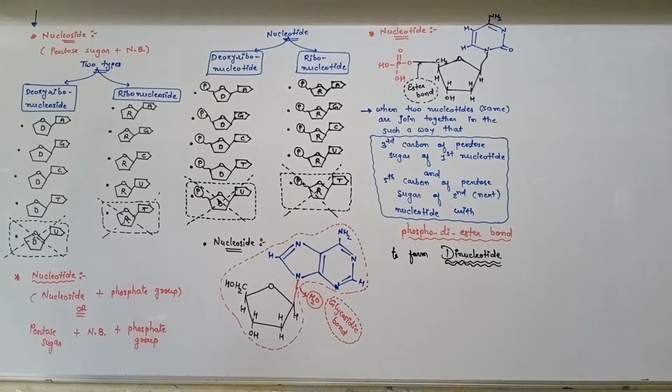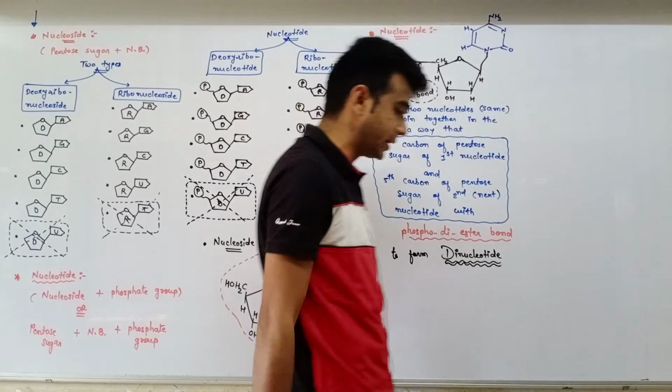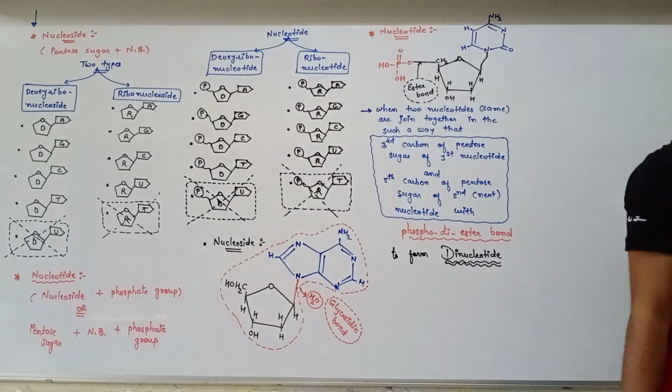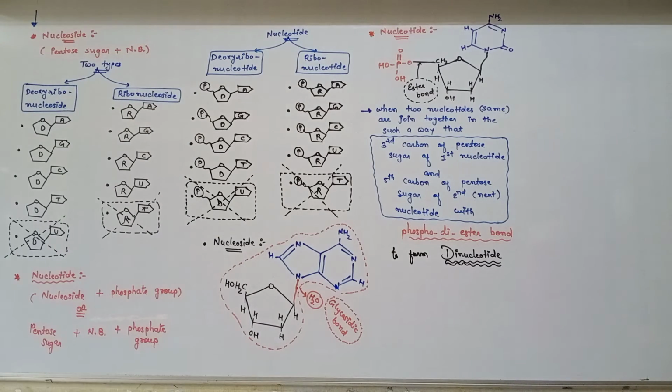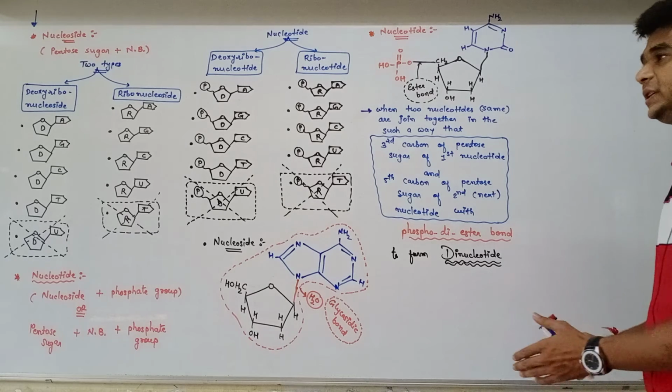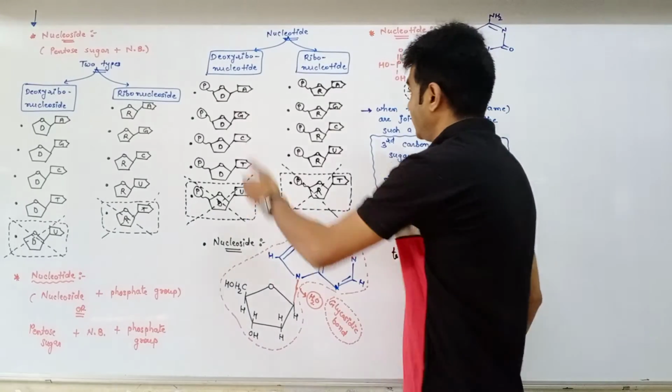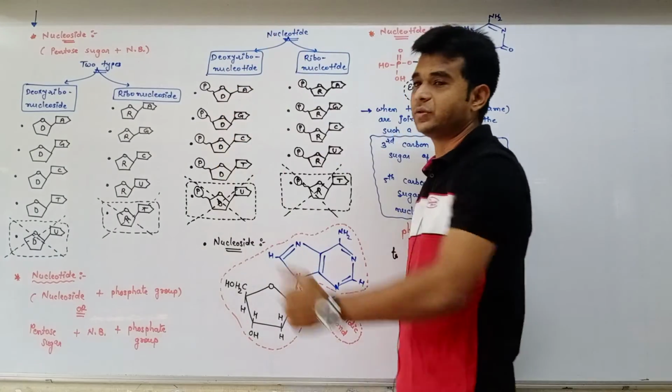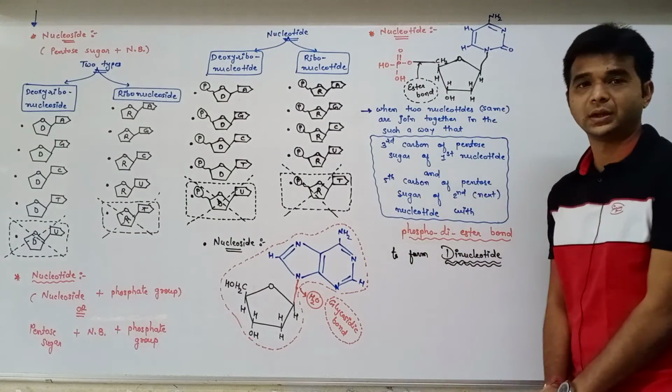Okay. Now see, this is the very important one. When two nucleotides, means same, if you use the deoxyribonucleotide, then you have to use the same nucleotides on that strand.